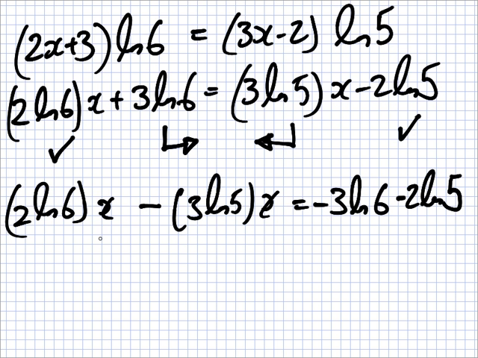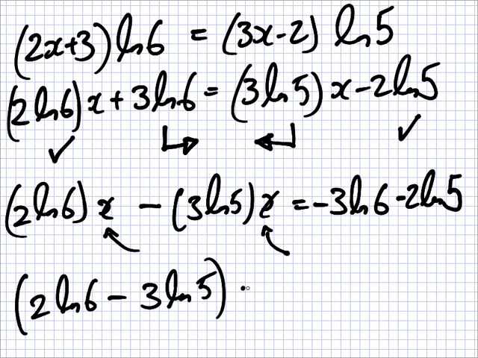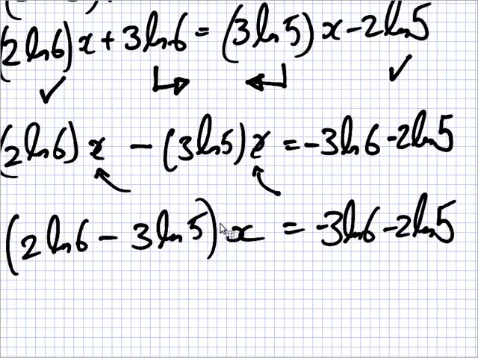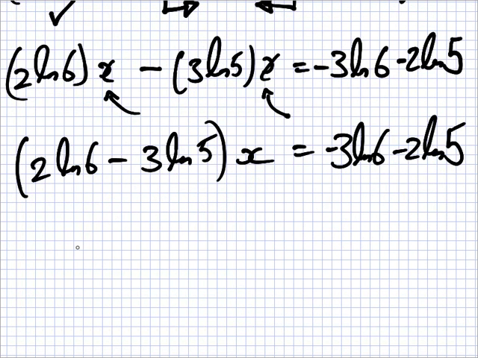You see the way you have an x here and here. You can take that x out, so you can say 2 log 6 minus 3 log 5, times x. Is that okay with you, Ray? Yeah. All right. So there's only one step left, actually. That one step is to divide by. Is it 2 and then? Yeah. That's it.